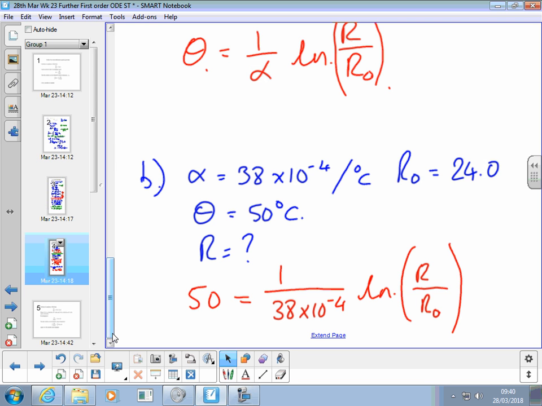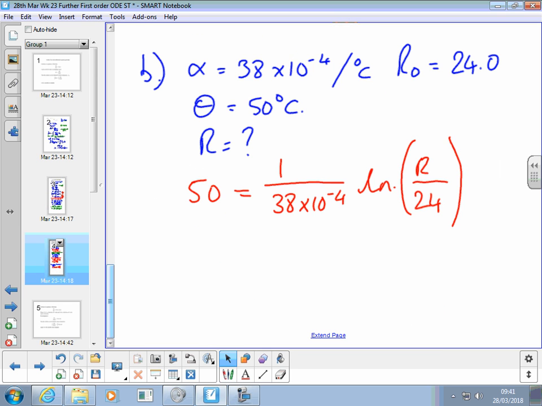That's the resistance when the temperature is 0 degrees C. So we can put that in here now, 24 in there. We'll subscript that with a 50 as well, so we know we're talking about the resistance at 50 degrees C.